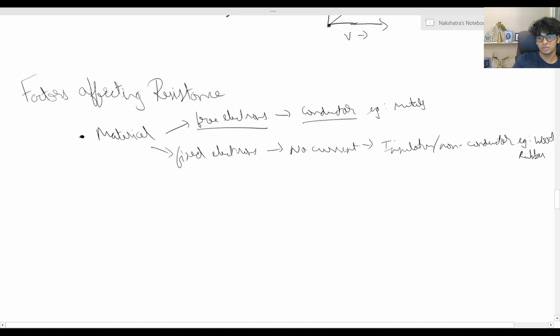Even within metals now, if something has more free electrons, then it will have more current. Why? Because I is equal to Q upon T. If there are more electrons, Ne upon T, so if the number of electrons is more, the charge is more, so the current will be more. Simple logic. And if the current is more, then it is a better conductor, because more current can pass through it. That is why it is a good conductor.